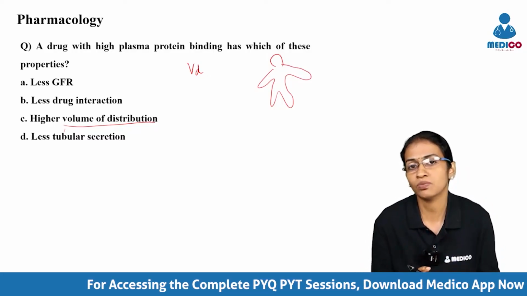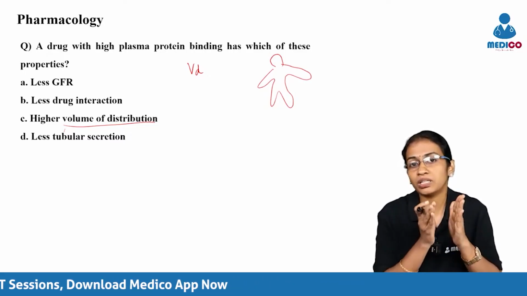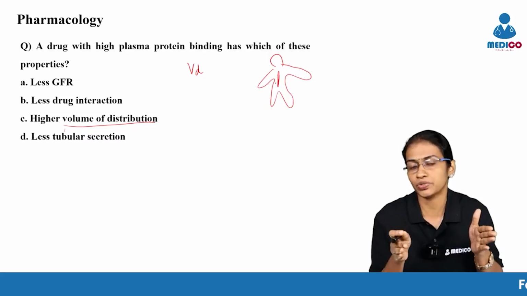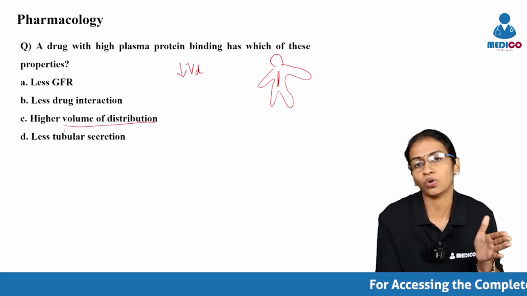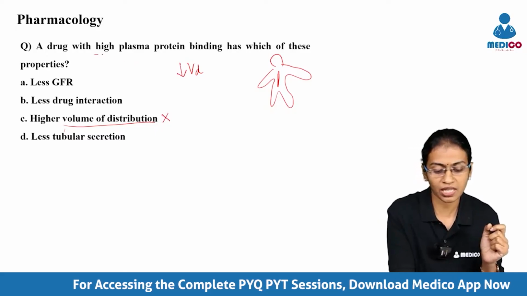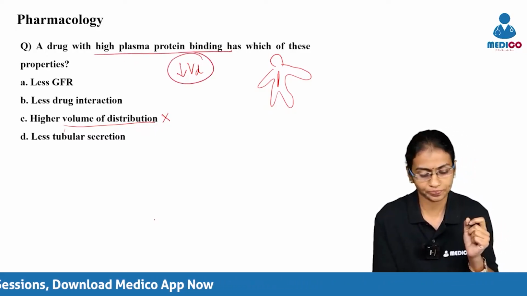So if it is highly protein bound, the drug will remain within the vascular compartment. It will not get distributed to the tissues. So it will have a low volume of distribution. So this option is wrong. If it has high plasma protein binding, it will have a low volume of distribution.